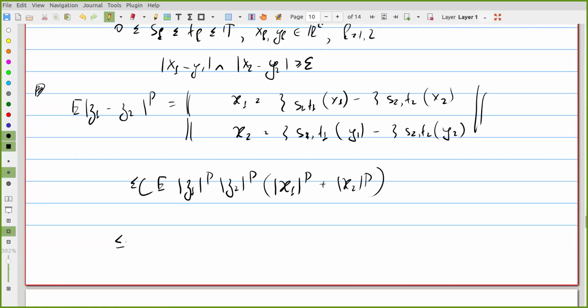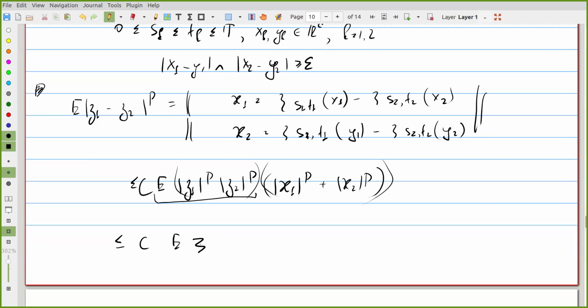Now we can use the Cauchy inequality twice. We already used it once previously, where we first used it by doing this decomposition of this integrand. And then we use the Cauchy inequality a second time here.